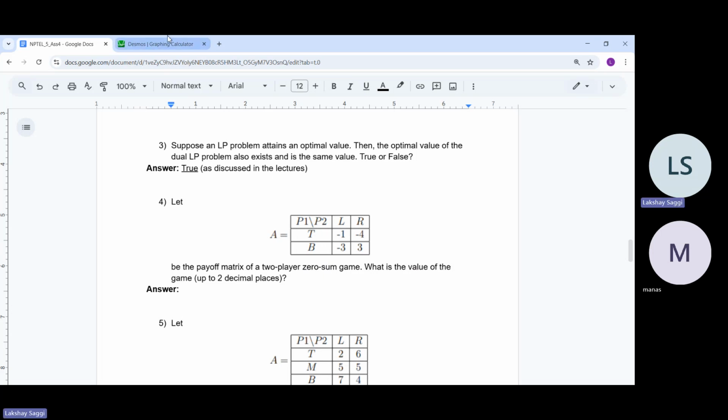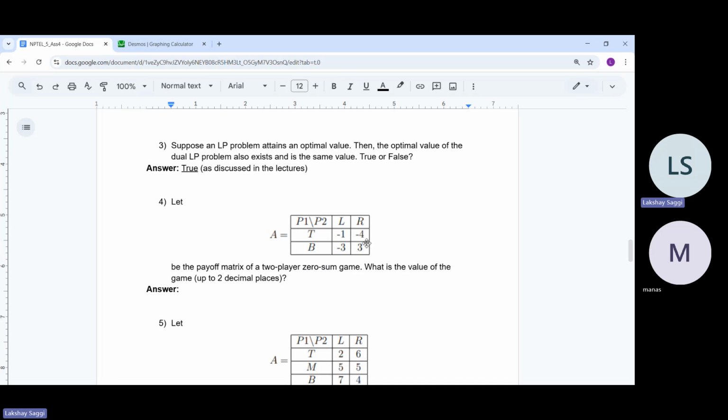For the row player, let's say I assign the probability y1 to choice one, which is row one, and this is row two. So y1 corresponds to the probability of choosing row one, and y2 to the probability of choosing row two.